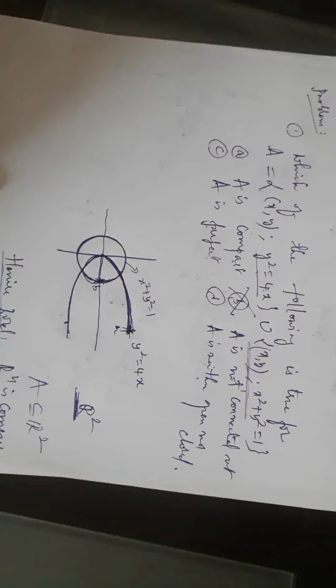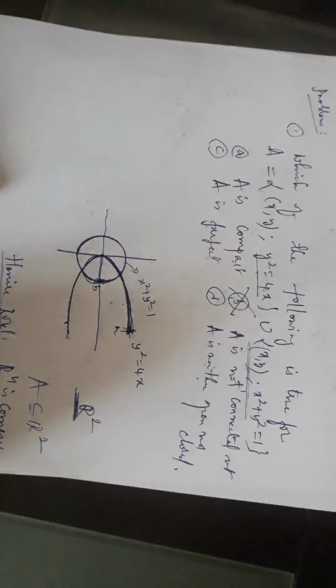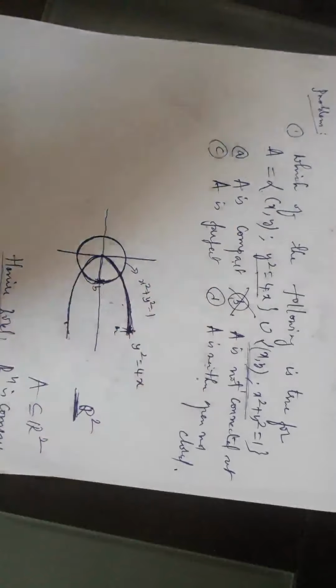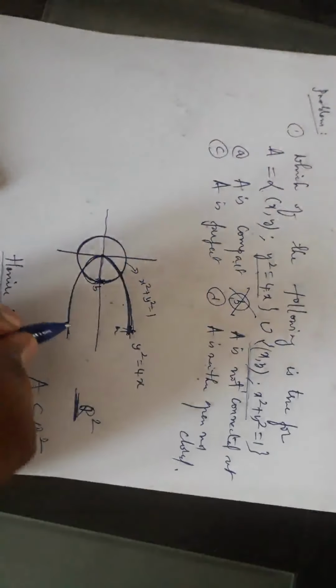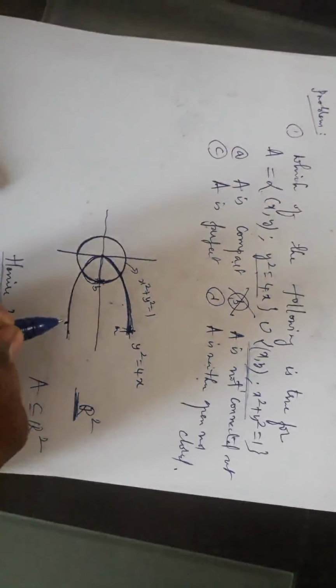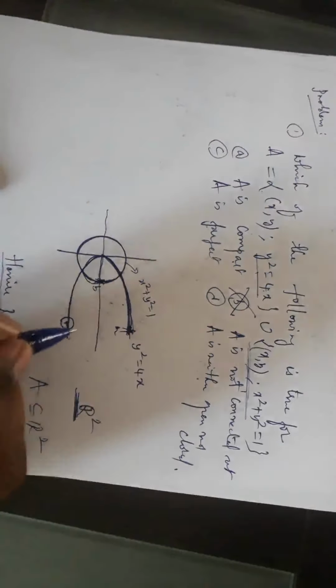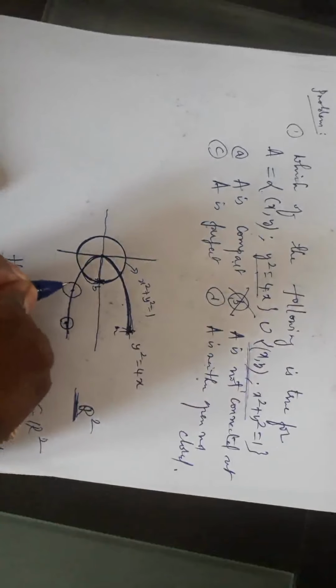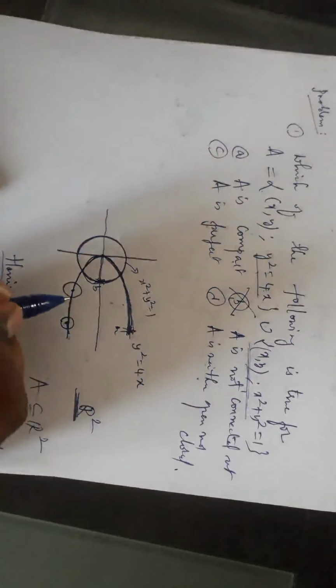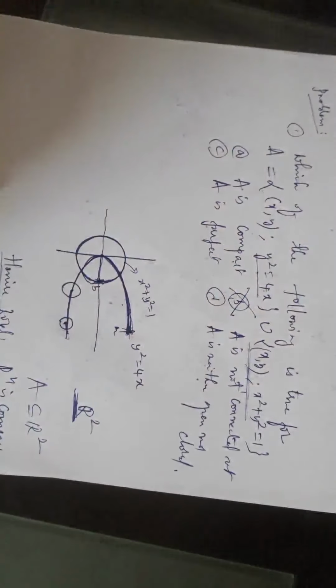Whether A is compact: in order to show compactness, it must be closed and bounded. Whether it is closed, closed means every point is a limit point. You stand at this point and try to draw a neighborhood. It contains infinitely many points. You stand here and draw a neighborhood, however small you want, it contains infinitely many points.